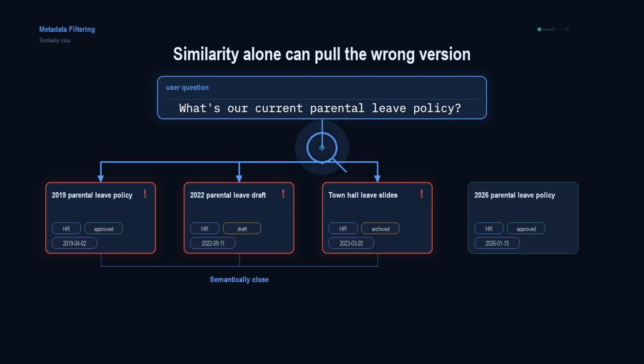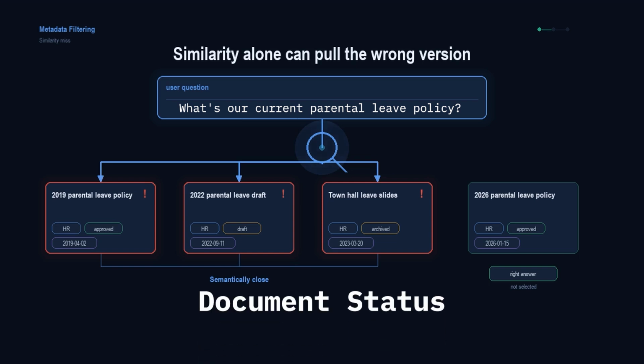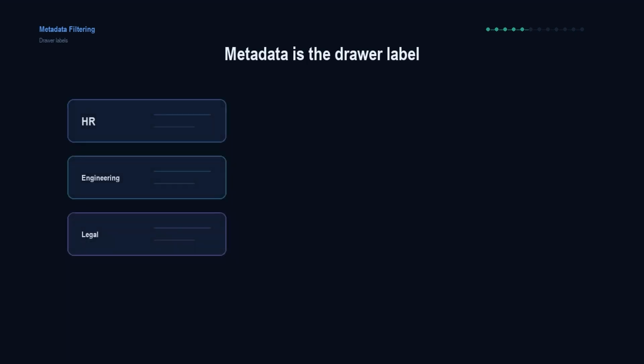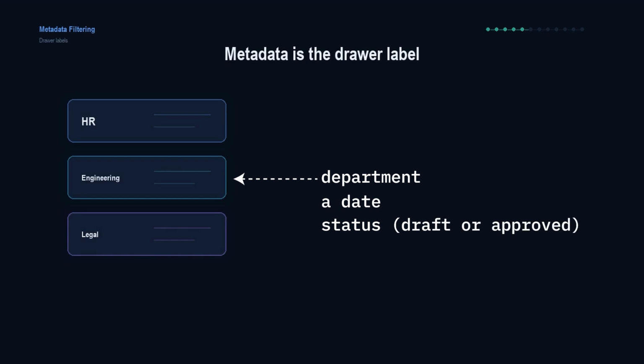The embeddings aren't wrong, they're just blind to things like date, department, document status, or access level. That's the gap metadata filtering closes. Let's use one running example. A company knowledge base with HR, engineering, legal documents, each tagged with a department, a date, and a status.